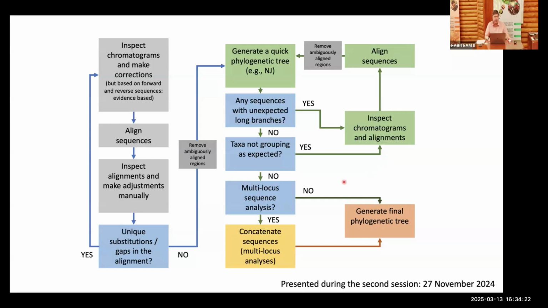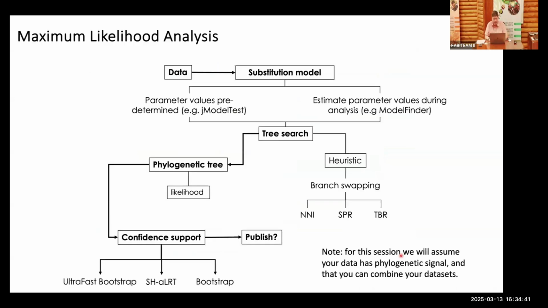This diagram was presented in the second session on 27 November. If you want to go and look at a YouTube video, I've explained all of this in detail. So we make the assumption that your data structure is good, you're happy, you can go.